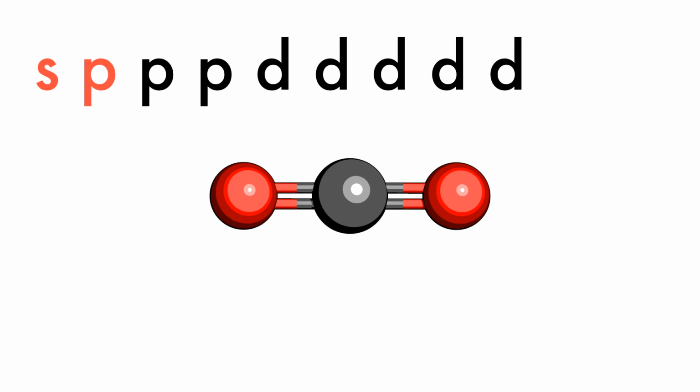For a typical energy level, there is one s orbital, 3 p orbitals, and 5 d orbitals. For the previous carbon dioxide model with two electron domains, two orbitals are needed, the 2s and the 2p. When we have an sp hybridized orbital, the geometry is linear with a 180-degree bond angle between electron domains.